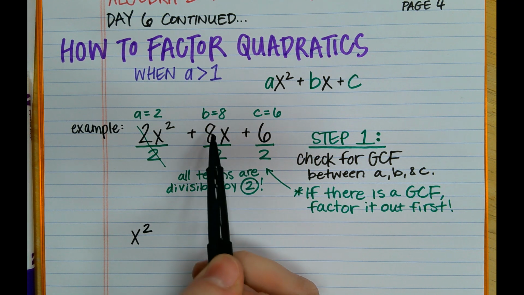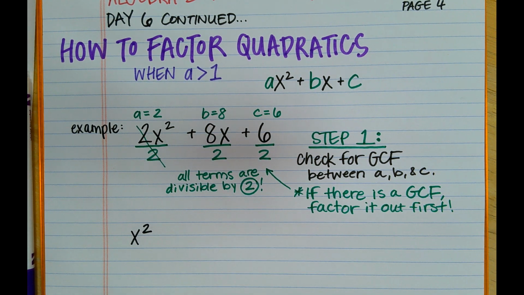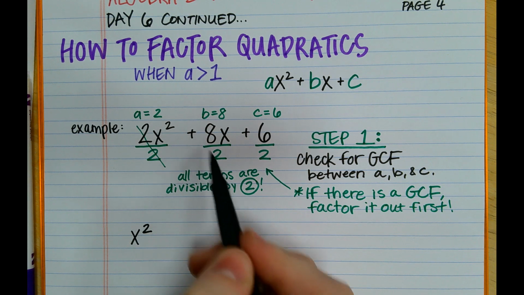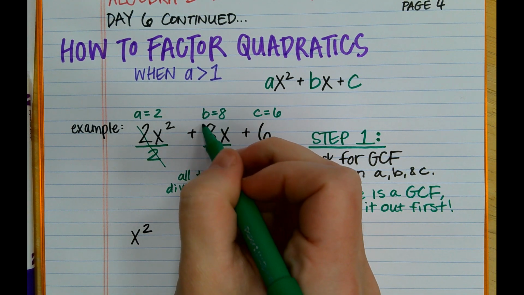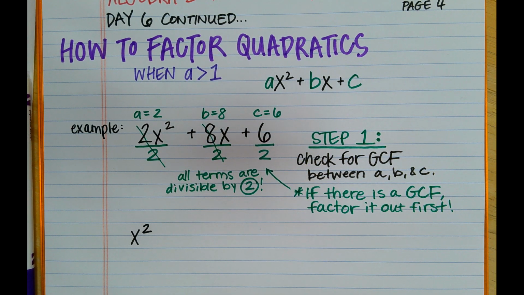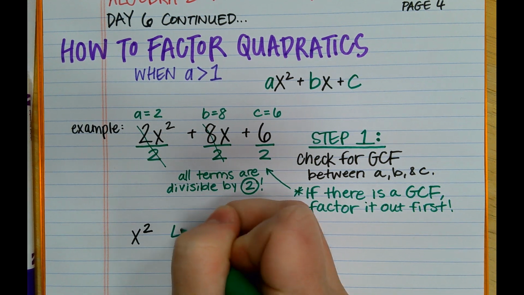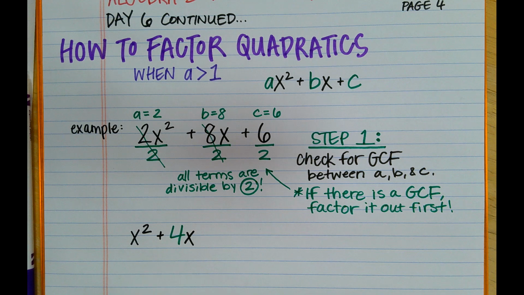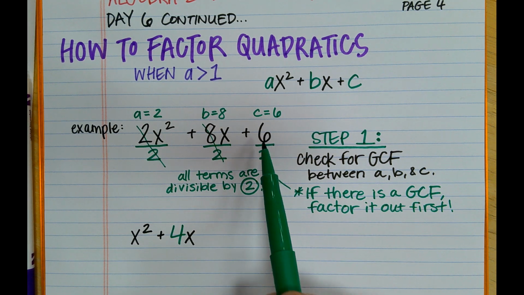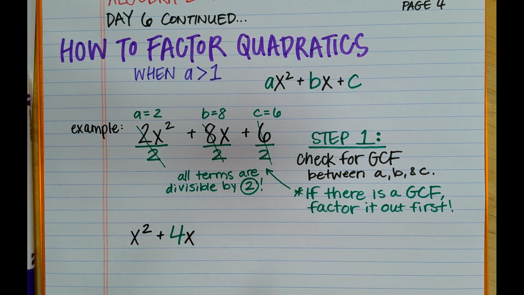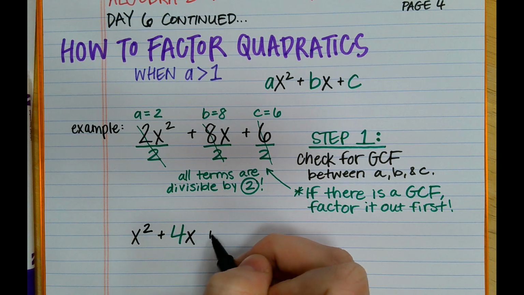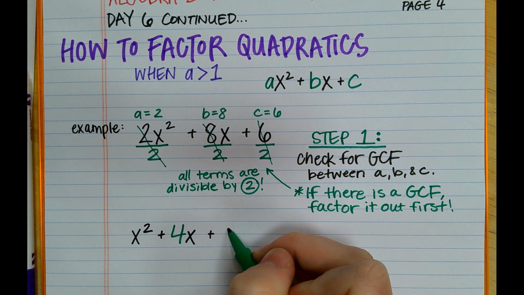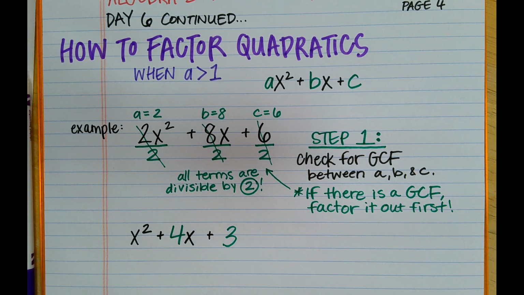Now, how about 8x divided by 2? 8 divided by 2 is 4x. And what is 6 divided by 2? 3. And guys, that looks like something we know how to factor, huh?